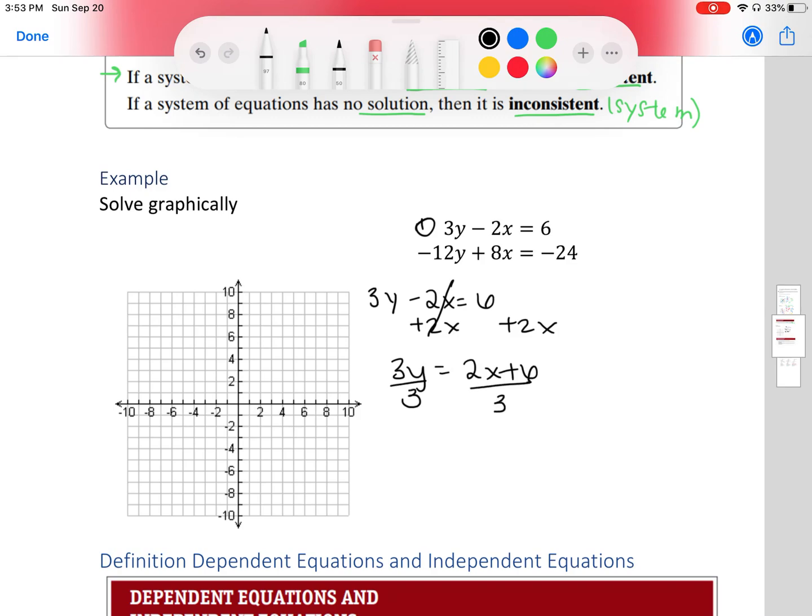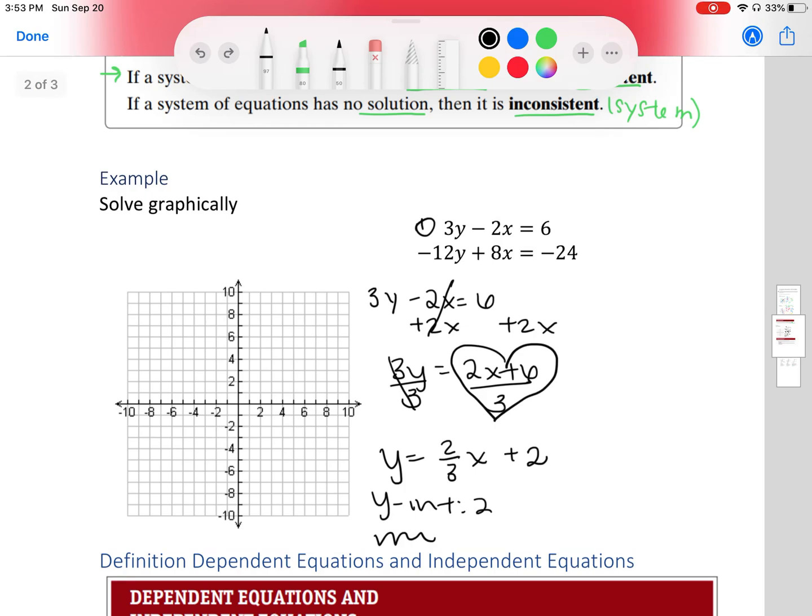Divide by 3, divide by 3. We're left with y equals, and remember that 3 divides both the numerator and denominator. So I have 2 over 3x, and 6 divided by 3, we get 2. So we have a y-intercept of 2 and a slope of 2 over 3.